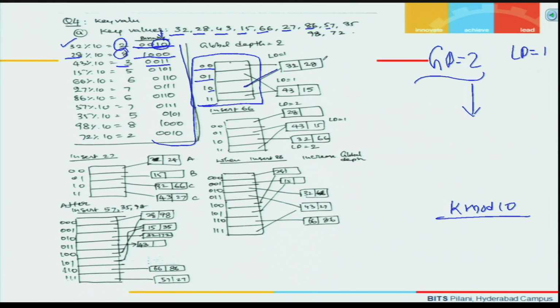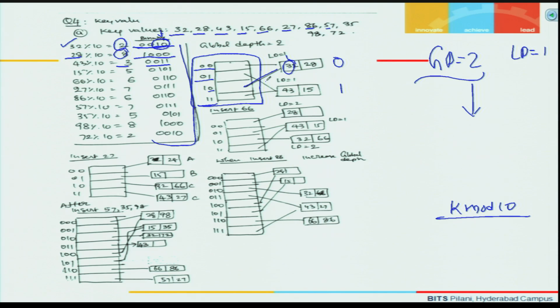Bucket 1 has records ending with bit 0, and the other bucket accommodates all the records ending with hash bit 1. Initially 32 is hashed to this 10, so I go here and insert the record 32.